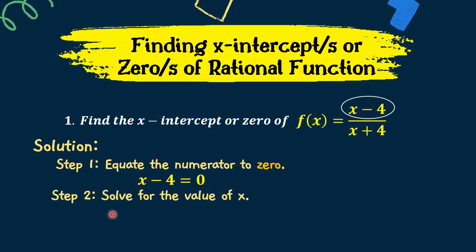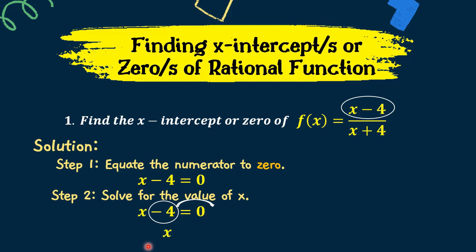Second step, we solve for the value of x. We copy the first step and solve for x by simply transferring negative 4 to the right of the equal sign. That is the shortcut method. To eliminate negative 4, we add positive 4 on the left side and also on the right side of the equal sign.